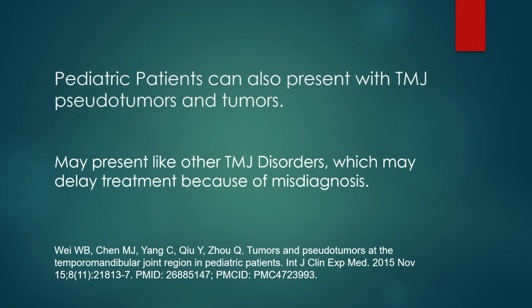Pediatric patients can also present with TMJ pseudotumors or tumors. They can present like a regular TMJ disorder, and that can lead to misdiagnosis. So you want to be sure to be aware. If they're not improving, keep looking.